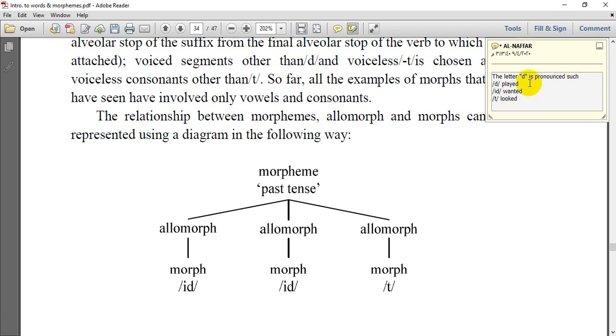The letter ed is pronounced such: played, wanted, locked. You can write it in this diagram.